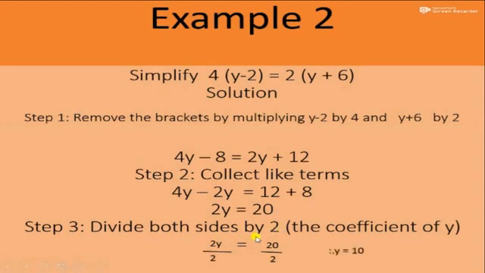Now from the left hand side, the 2 is together with y, we cancel the 2, that is 2 divided by 2. 2 cancels 2 is equal to 20 divided by 2. 20 divided by 2 here will give us 10. So therefore the value of y is equal to 10.